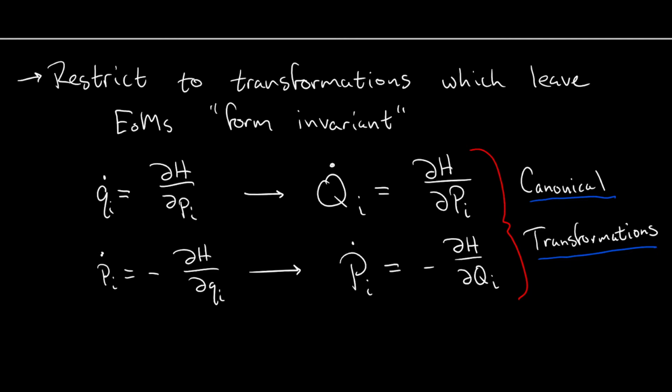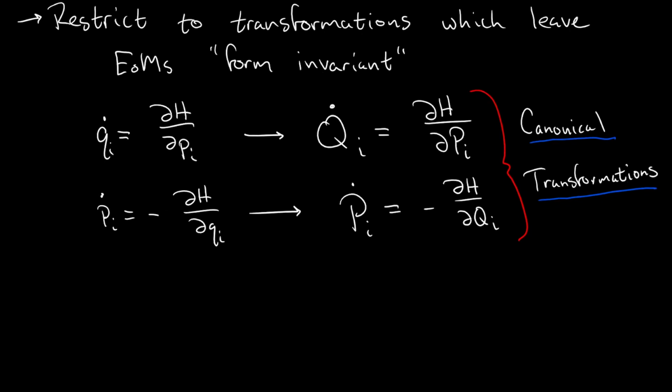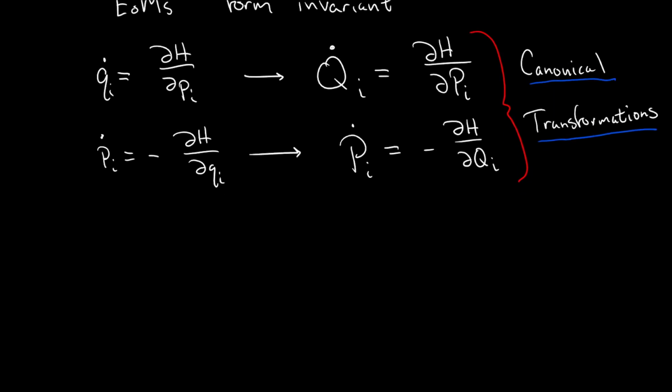There's actually a very neat way that we can show that. And it starts by just doing the transformations. So we'll start by looking at the time derivative of Q. Remember, this is some function of both our old position and momentum coordinates.